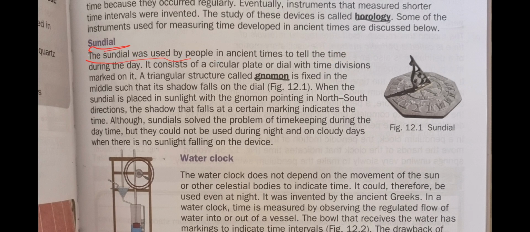The sundial was used by people in ancient times to tell the time during the day. You can see the sundial picture here. It consists of a circular plate or dial with time divisions marked on it.